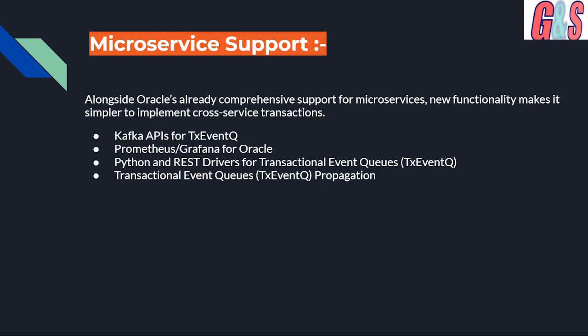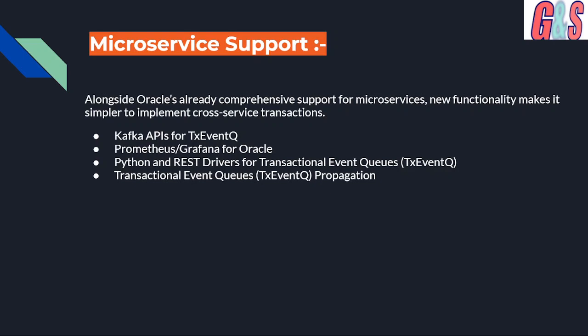Coming to the final part of the microservice support, that is transactional event queue propagation. Queues are used widely to send and receive events and messages between applications, increasingly being built as microservices. Transactional event queues are queues built into the Oracle database.